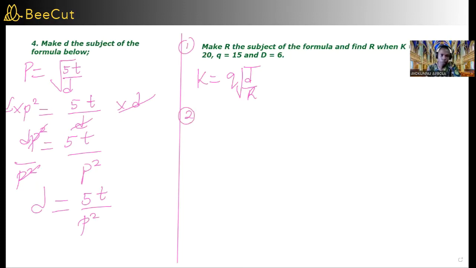The second question. Okay. And the second question is this. You have to make Q the subject of the formula in this. L equal to 4 over 3M root E Q. You make Q the subject of the formula.